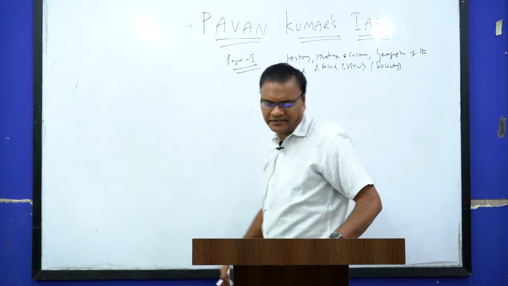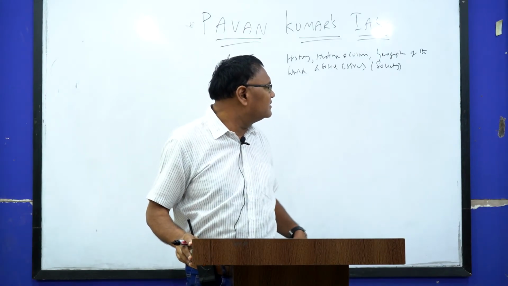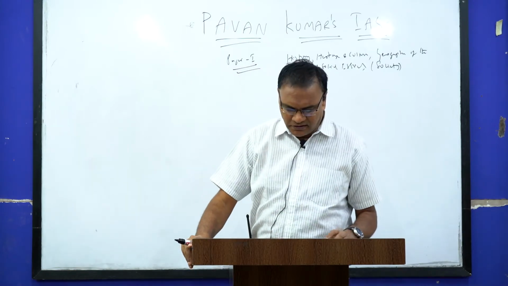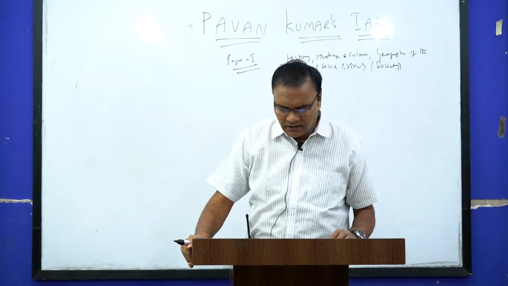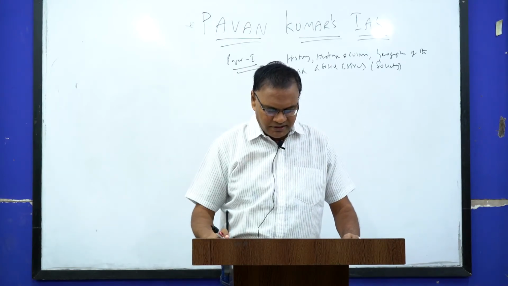As you can see, the syllabus is very abstract. That is the reason why the scoring is also very difficult in this paper. Let us go through the syllabus of this General Studies paper 1 in a more detailed manner.